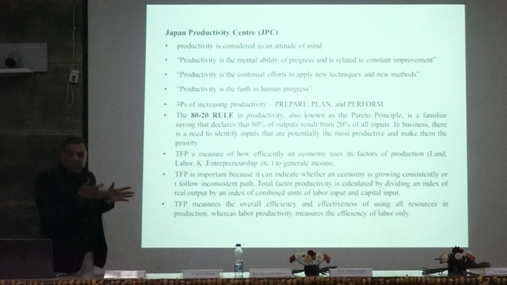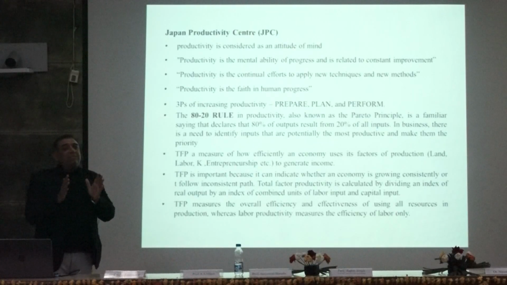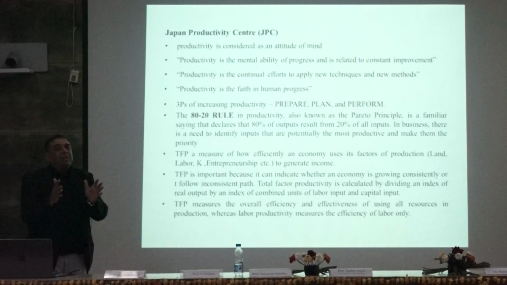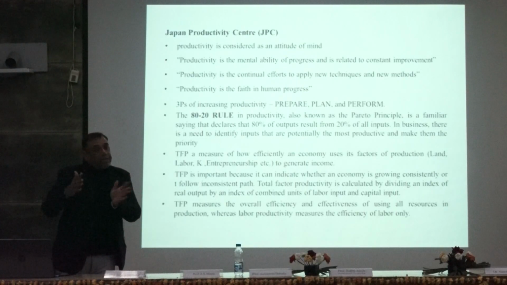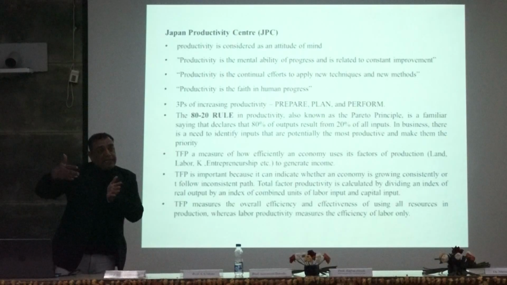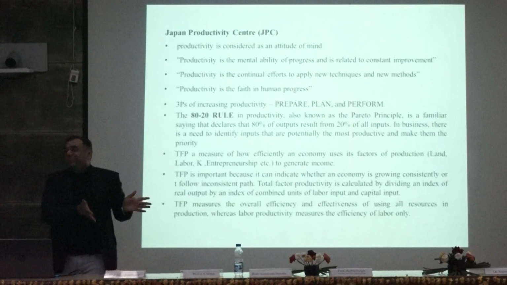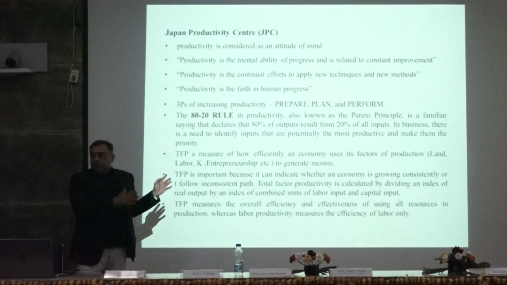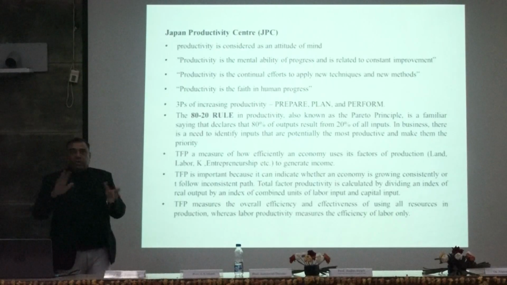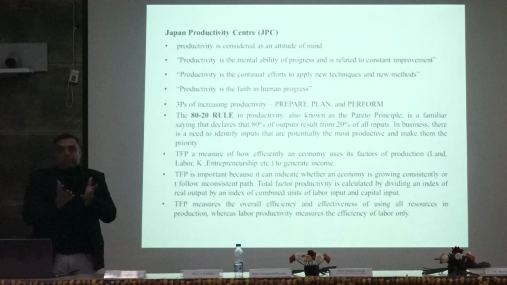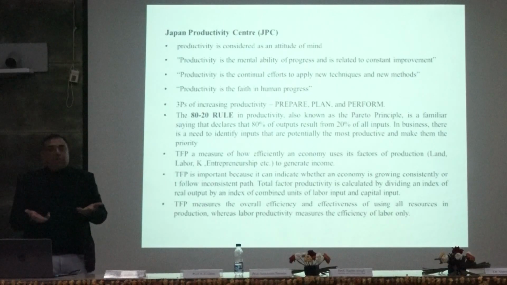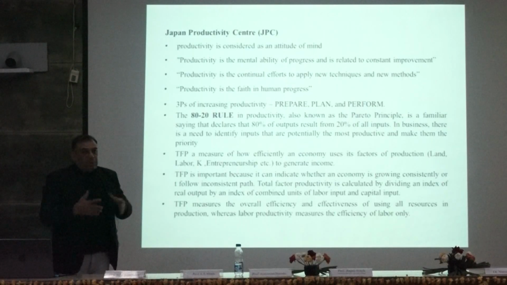Because this is much important, because we want to create aggregate demand as well as increase aggregate supply. Because this aggregate supply determines our GDP. Actually, this is the outcome of the production.